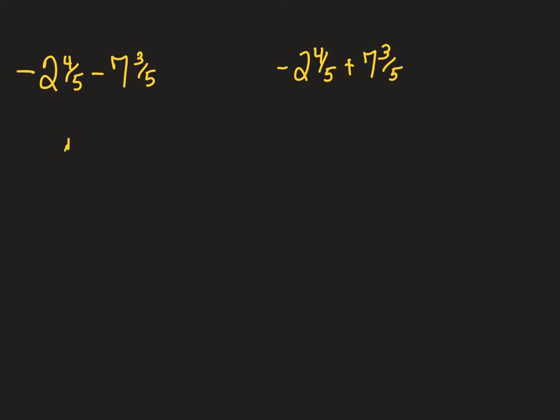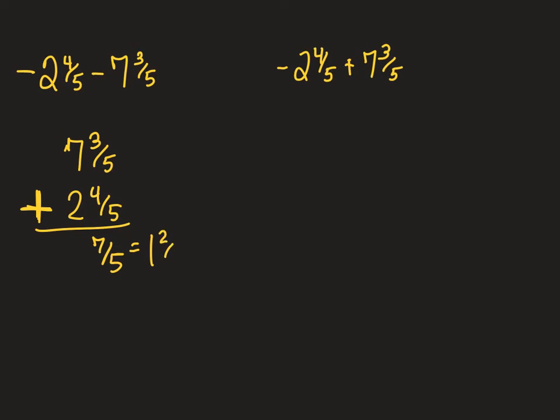I see 2 negatives, so I add them. And I don't know why, but I like to put the bigger stuff on top. 2 4/5 on bottom, and I'm adding the digits. So I'm going to put a plus sign over here because this is my scratch work. 3/5 and 4/5 make 7/5. Remember when you did mixed numbers, if you got an improper fraction there, we have to change it to 1 2/5.